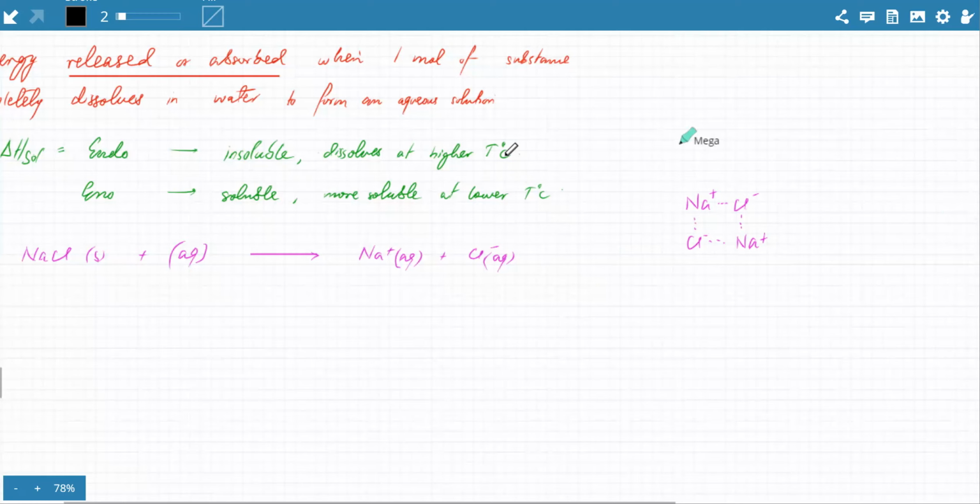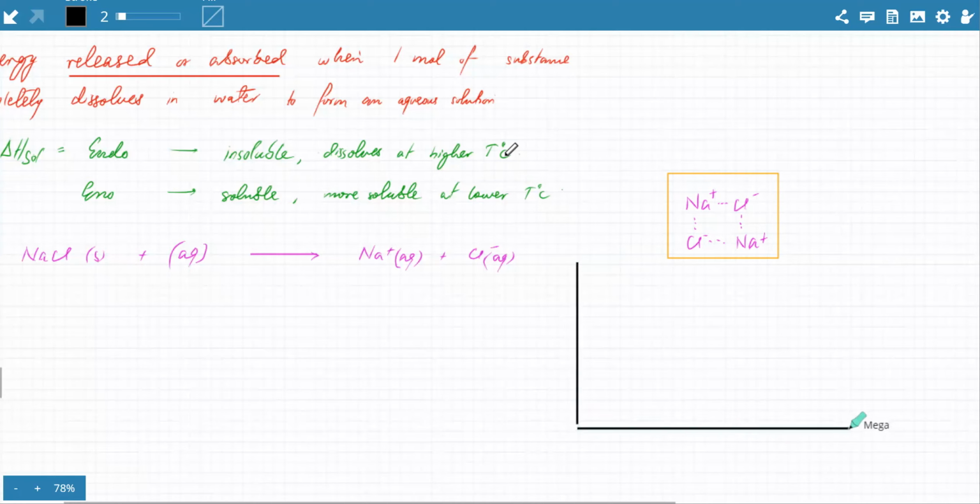So let's say this is a tiny crystal of NaCl, and you're trying to dissolve this in a solution, and the solution has water in it. What is the first thing that you do when you try to dissolve NaCl in water?